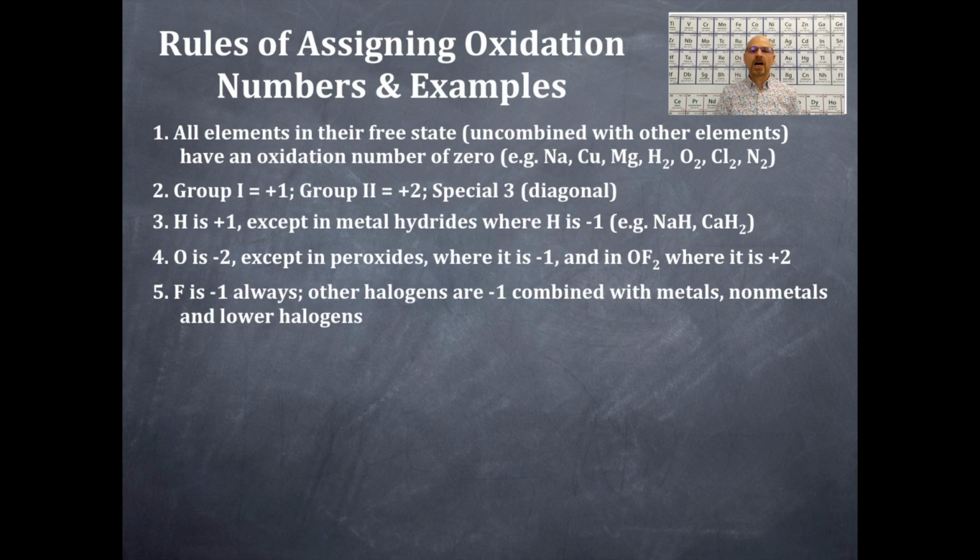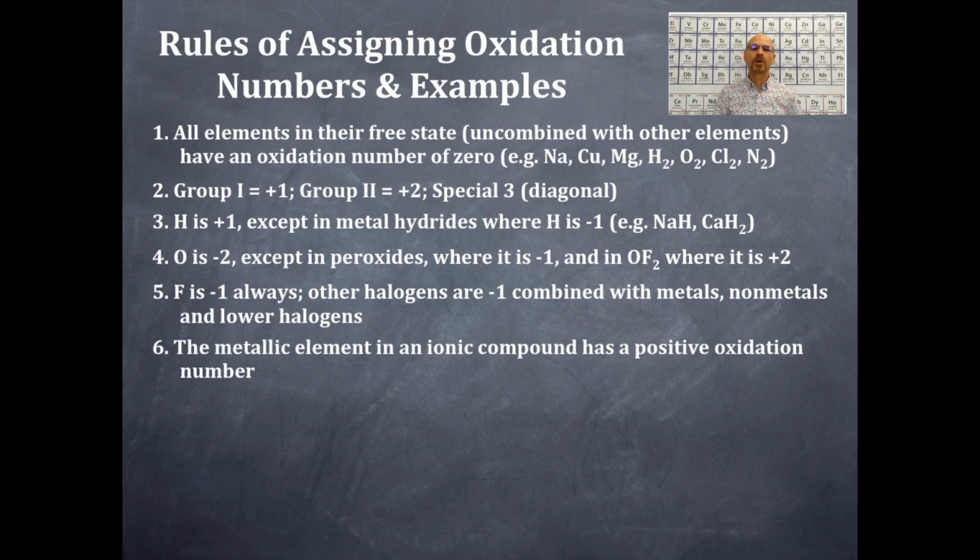In addition to that, other halogens, the halide ions, right underneath fluorine, which is off my chart here. So fluorine is -1, then chlorine, bromine, iodine, those would be the other halide ions or the halogens. Those are -1. Okay? Nonmetals with and lower halogens, that is. Number 6.